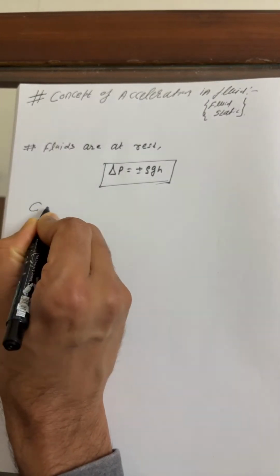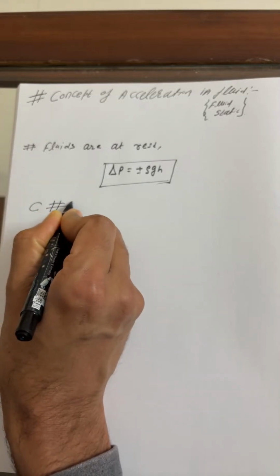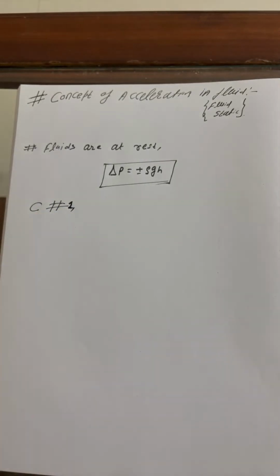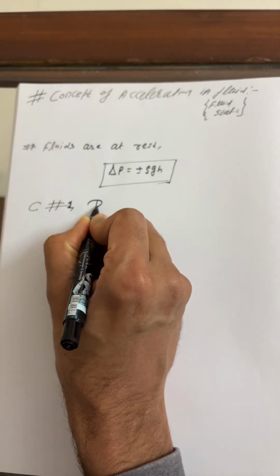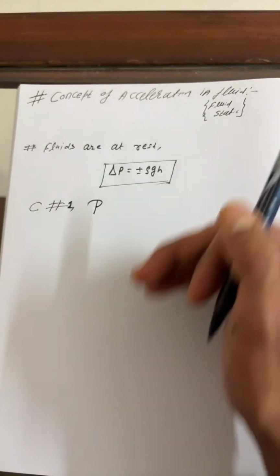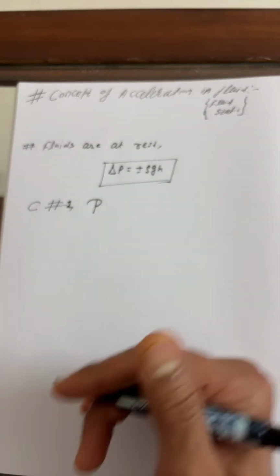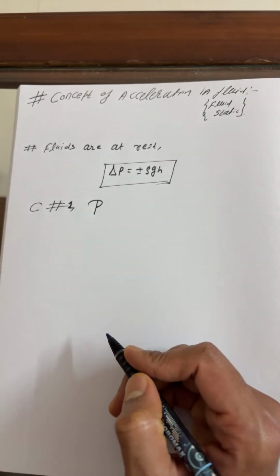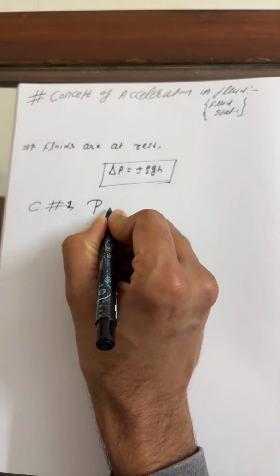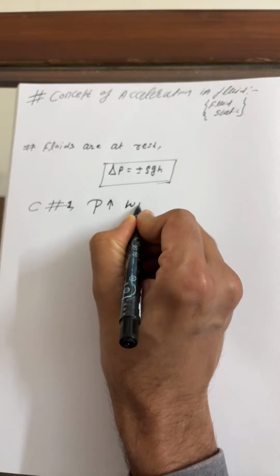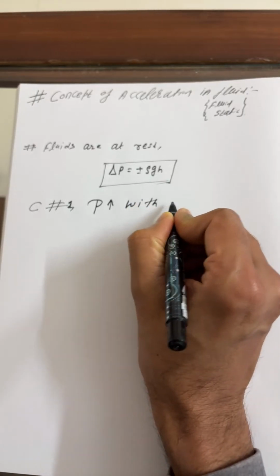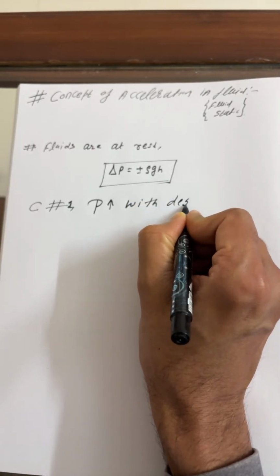This is case one. What is case one? If your motion is in the downward direction, then pressure increases with depth, my dear. Pressure increases with depth.